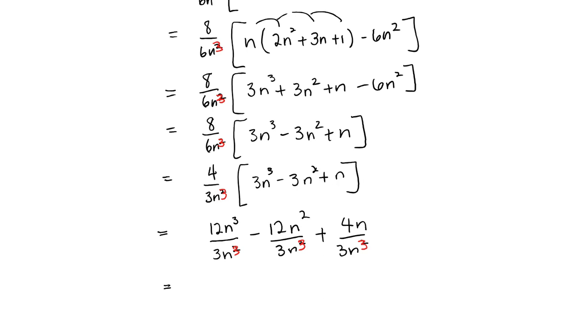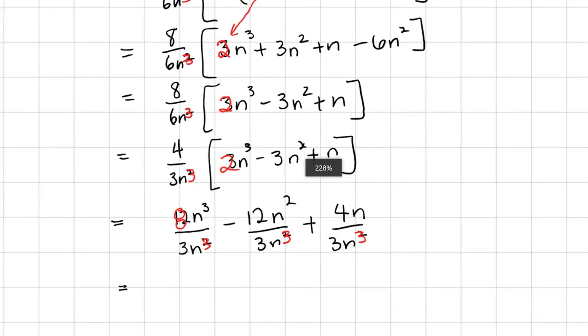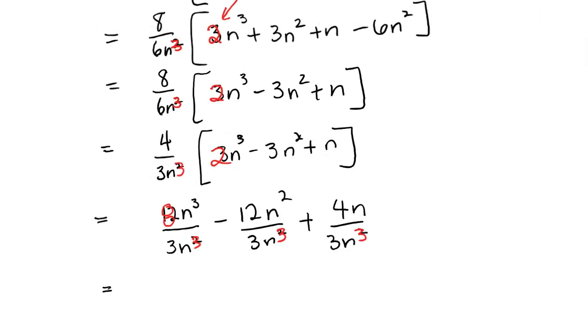I noticed it again. I changed my 2's to 3's and 3's to 2's. So right here, I changed this 2 to a 3, so this should be a 2, a 2, 2, which makes this an 8, not a 12. Okay, so now I think we're back on track.